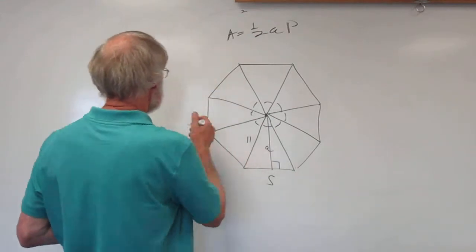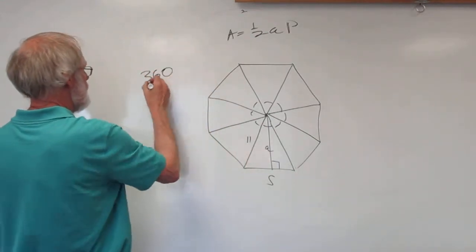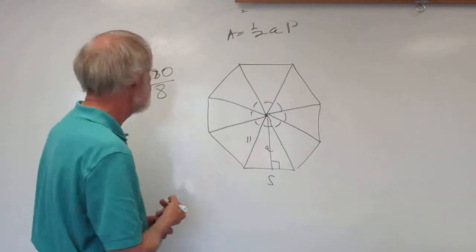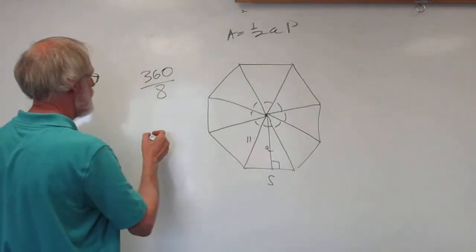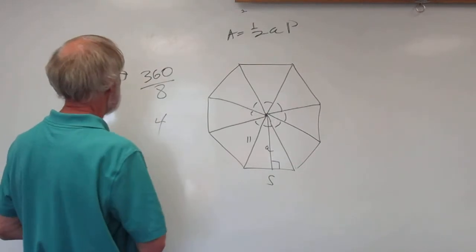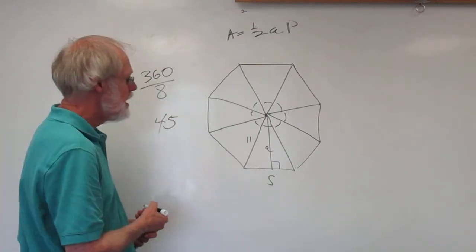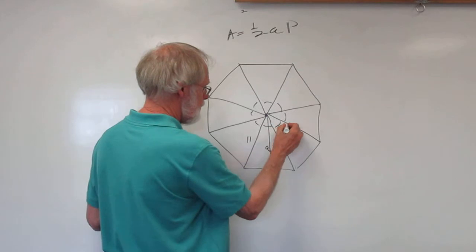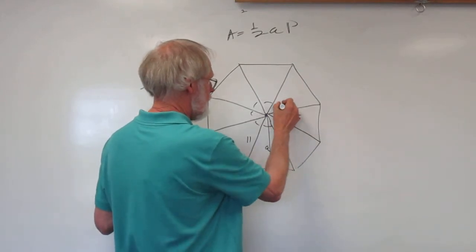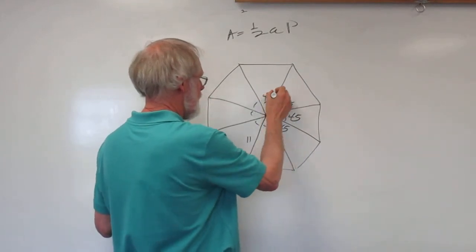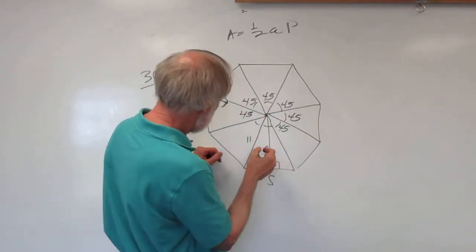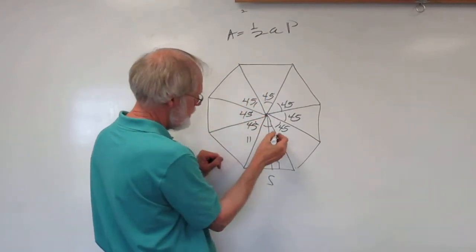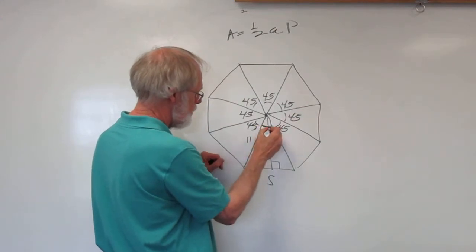Each one of those is going to be 360 divided by 8, and that was 45. Each one of these central angles is 45 degrees. And then this whole angle here is 45.